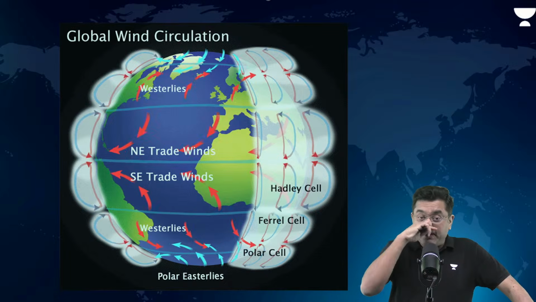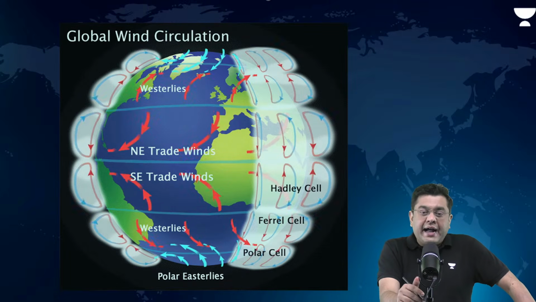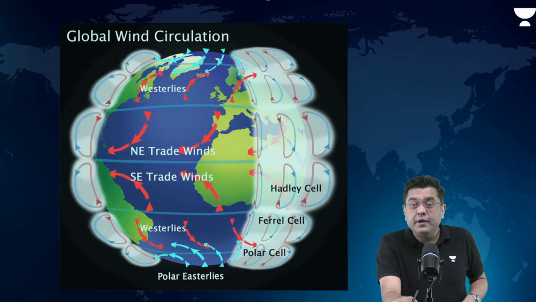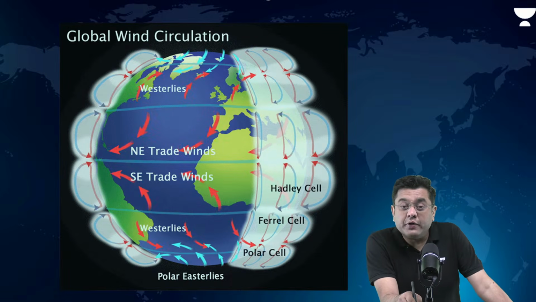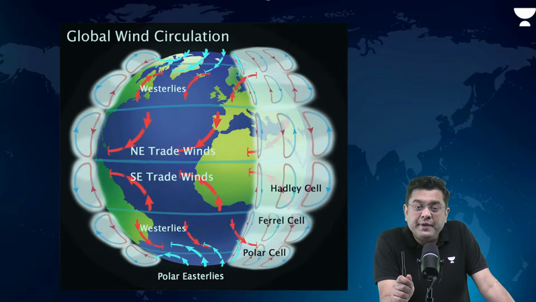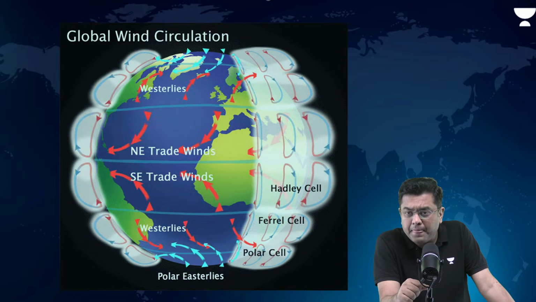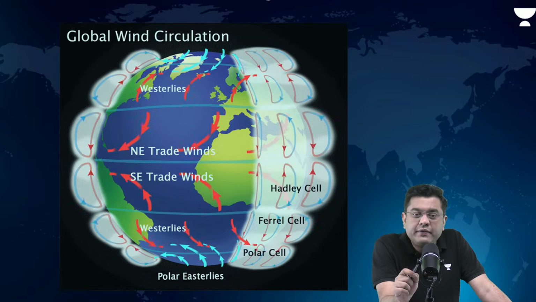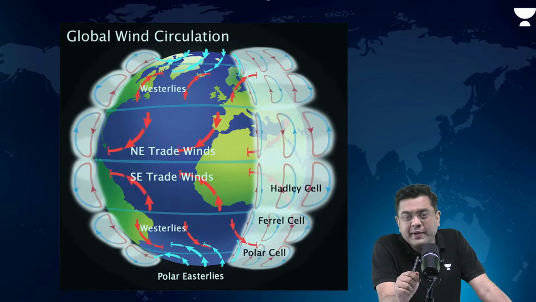And winds are basically at upper atmosphere, Coriolis force is going to be much higher, Vinita. You know why? Because at upper atmosphere, you will have the wind speed which is higher. And when the wind speed is higher, that means Coriolis force is also going to be higher.